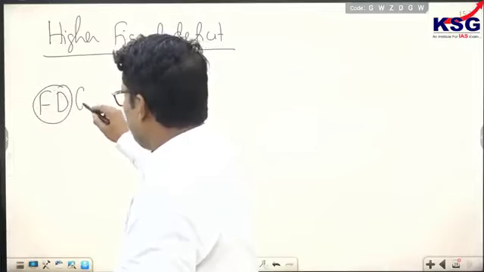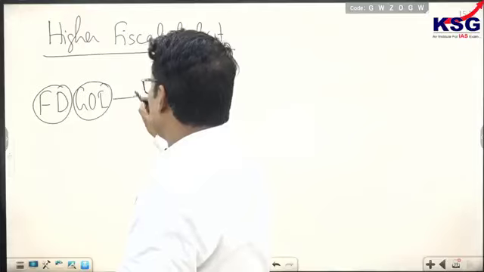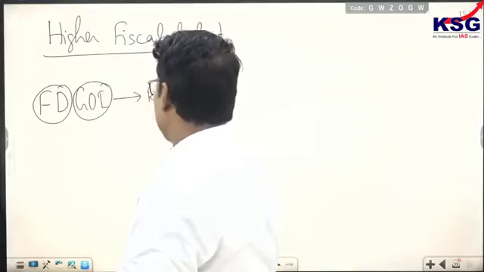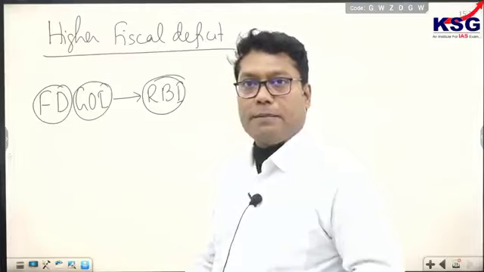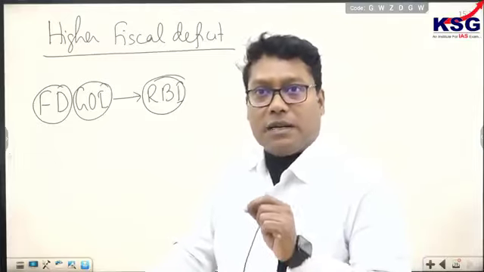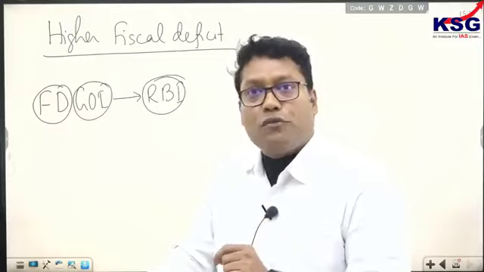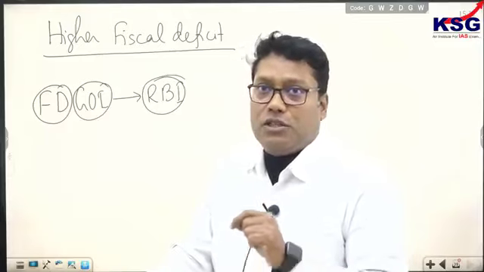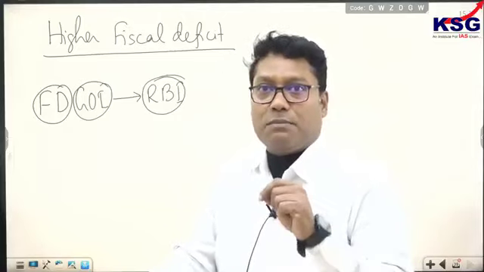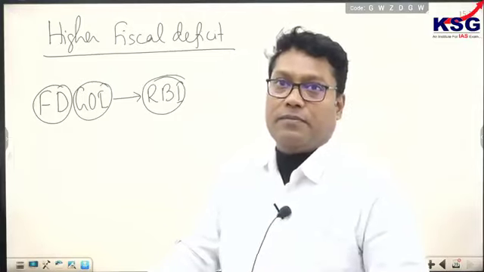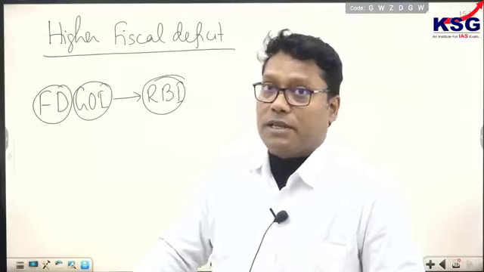The Government of India, in any case, will approach the RBI, because RBI is the bank of the Government of India. If the Government of India needs any fund domestically, the domestic arrangement of funds is the responsibility of RBI.